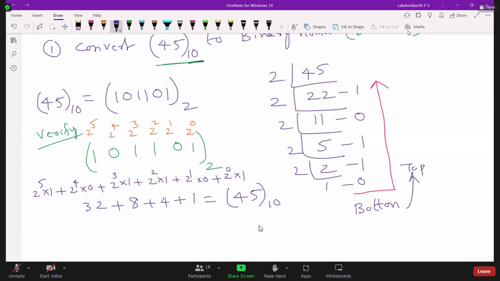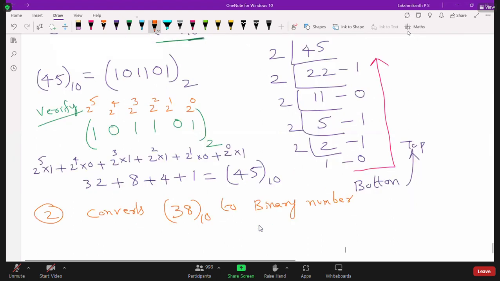Let us take one more example to understand better. Let us take some other number: 38 base 10, convert to a binary number. What you need to do is divide by 2.